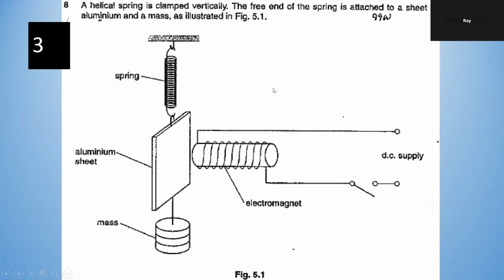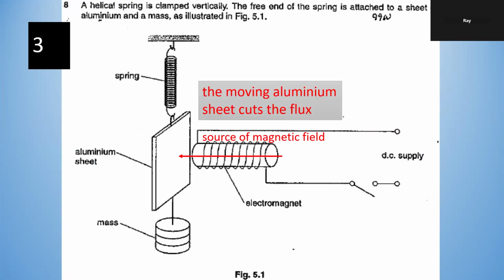That's a diagram. You turn on the DC supply. There's your flux there. Aluminium is just a conductor. It's not ferromagnetic. So as it oscillates, it cuts the field, so there's induced current in the aluminum sheet.